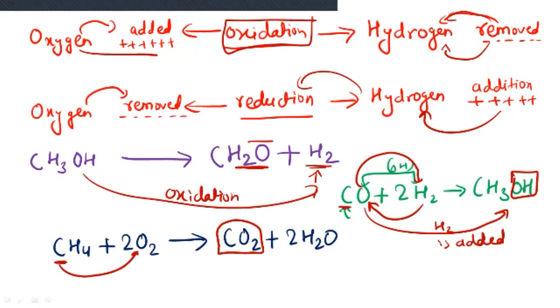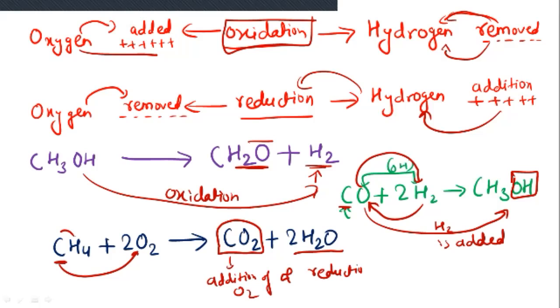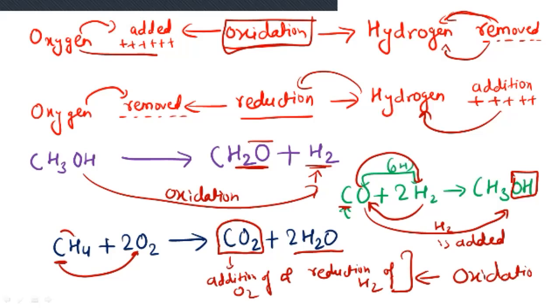Here the addition is there, addition of the oxygen. And you can see पहले हाइड्रोजन कार्बन के साथ था, अभी क्या हो गया? हाइड्रोजन अलग हो गया, separate. तो addition of oxygen here, and reduction of what? Hydrogen here, and therefore it is called overall oxidation. This is called oxidation. So did you get it?